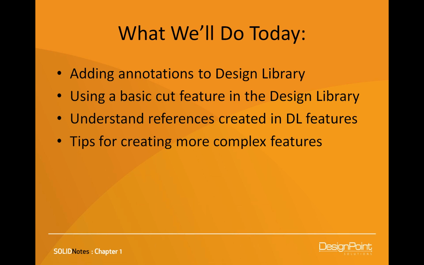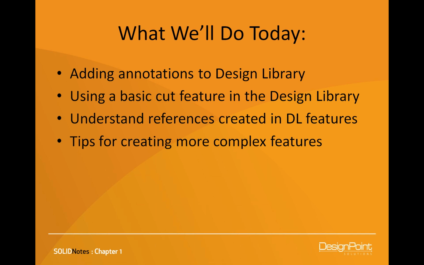Next, we'll go into actually creating a feature in the design library more at the part level. In this case, we'll do an example of a basic cut feature, and how if you have such a feature that is reused in multiple parts, we don't have to create it every time. We'll just create it once, stick it in that design library, and it's ready for us to use.